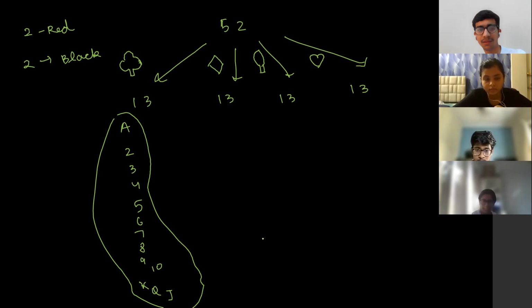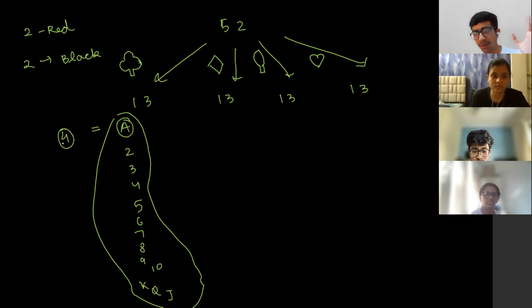Okay. Now I'll ask, how many cards are there for an A? 4, right? So for a particular denomination, you have 4 cards. If I ask you the number of face cards possible? 12.